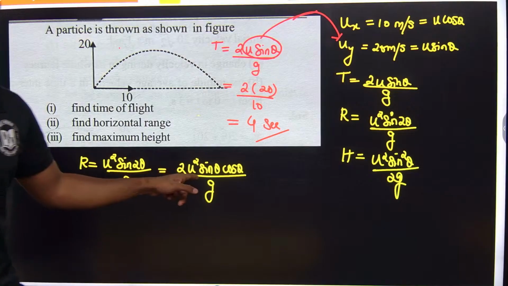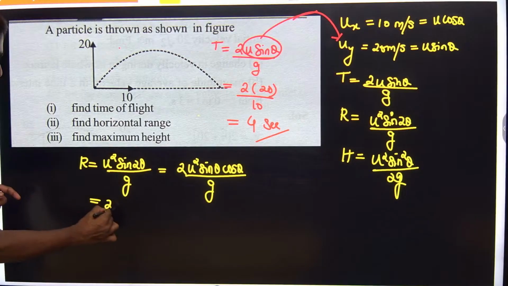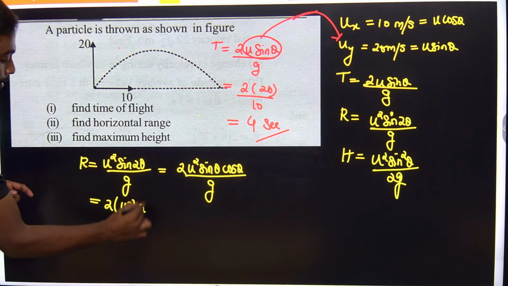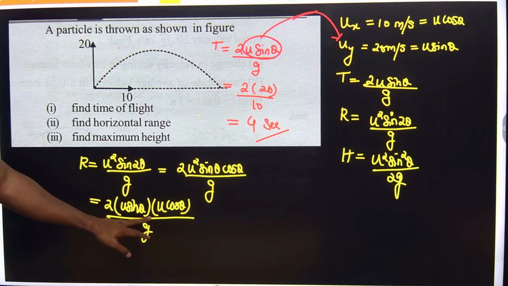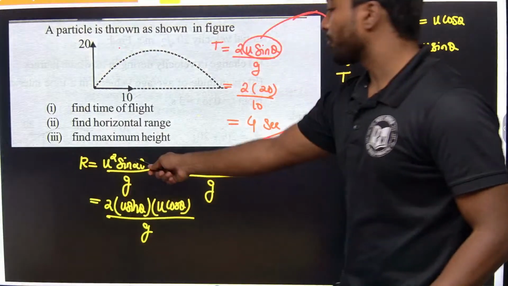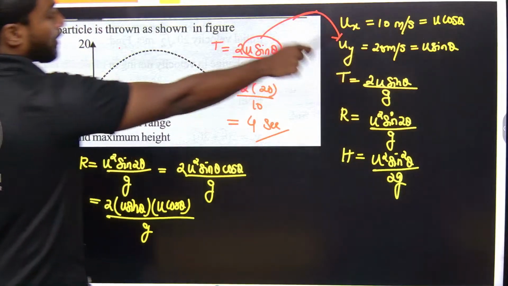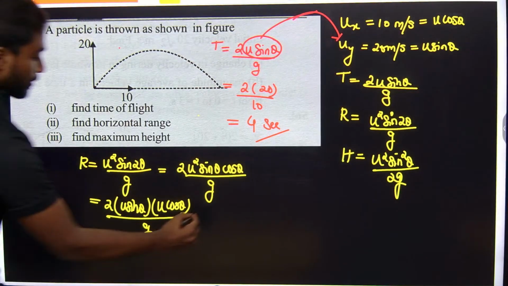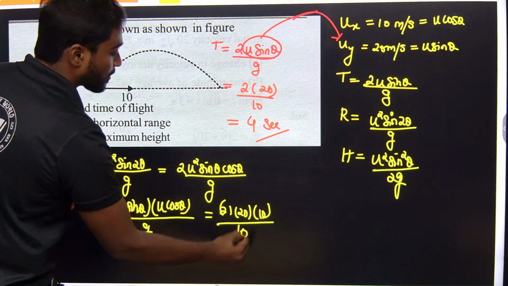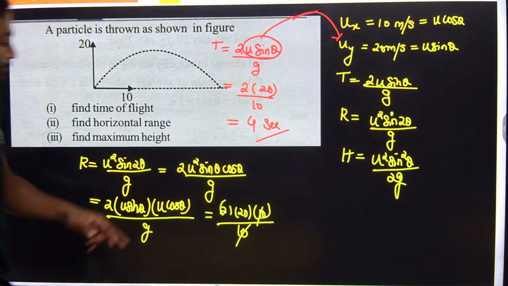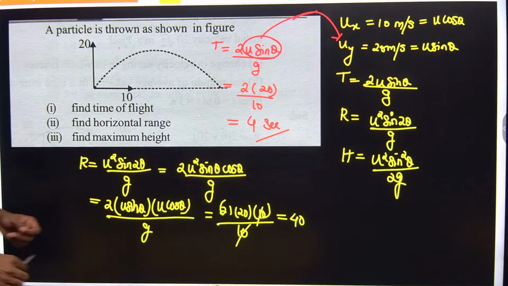I can rewrite u square as u into u, so it is 2 times u sin theta into u cos theta divided by g. u sin theta is 20, u cos theta is 10. So 2 times 20 into 10 divided by 10, the 10 gets cancelled out. The answer is 40 meter. That's it.